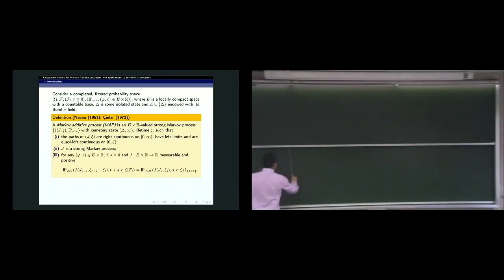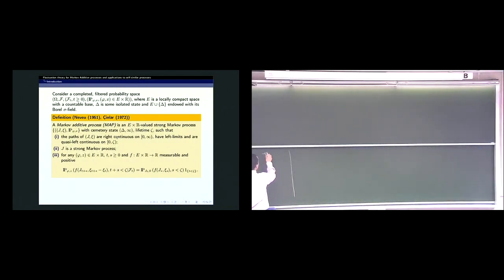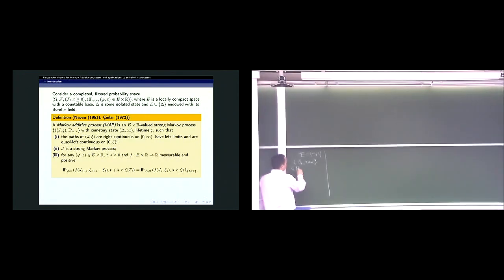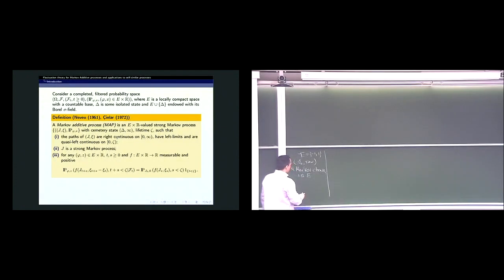Imagine you have E, which is the set {-1, 1}, and you have J_t, which is a Markov chain in E. Then you have two processes, psi^1 and psi^{-1}, which are Lévy processes that are independent.